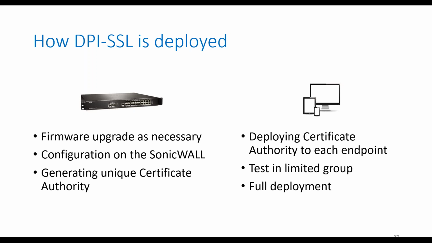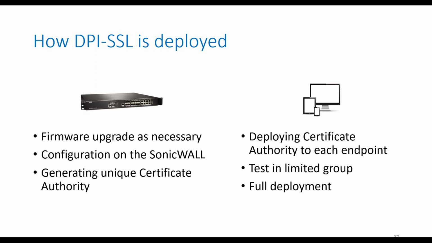Then we'll deploy that certificate to each endpoint on the network so that everyone has that trust of the SonicWall. And then we'll test that in a limited group to make sure that we're seeing the results that we want to, work on any kinks if there are any, and then we'll go to a full deployment of the solution so that the entire network is protected.